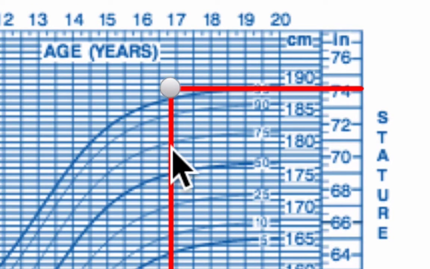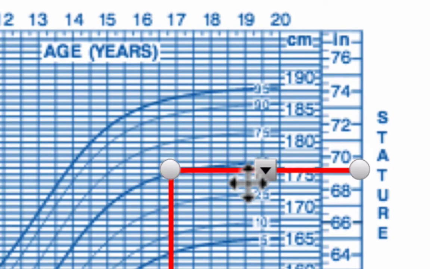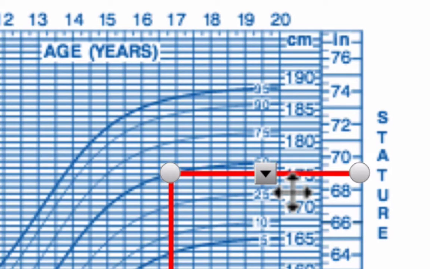If we take a look at the height of a 17-year-old, if you're in the 50th percentile, in other words, if 50% of the heights are below a certain value and 50% are above a certain value, that would be the median. And according to this growth chart, that would mean that if you're 175 centimeters tall at 17 years old, you are in the 50th percentile.